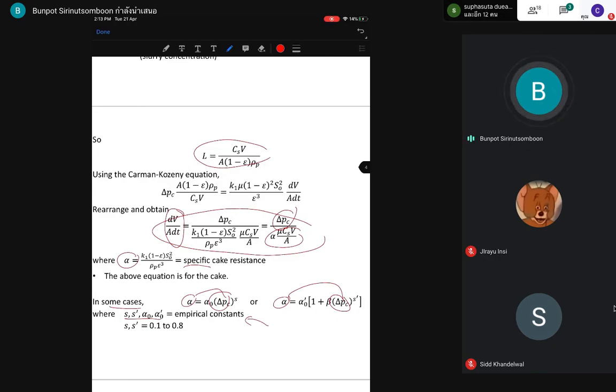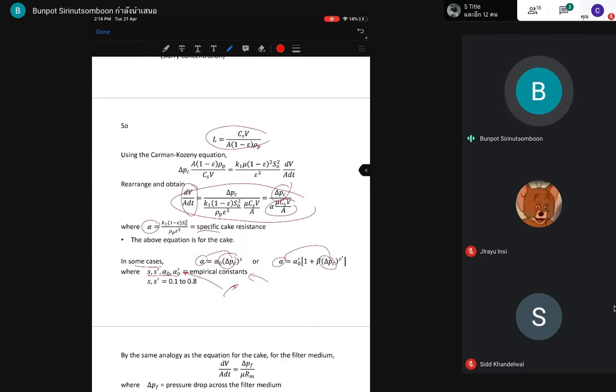I think I'm missing beta here. These values you can only find from experiments. You have to do experiments, get the data, and do some data fitting, maybe polynomial regression, to determine these constants. So these constants are based on experiments, not any theory.